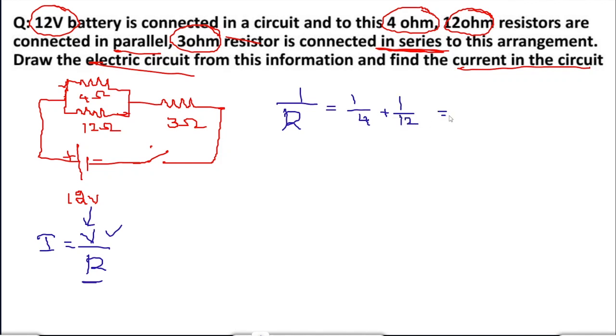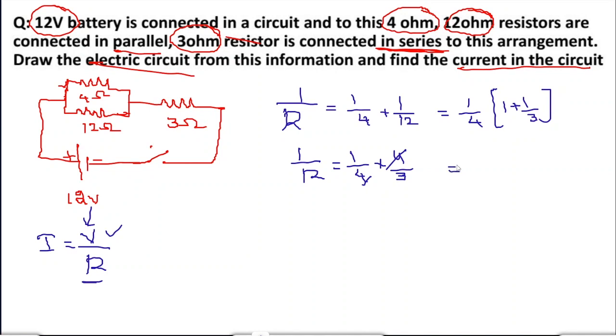If I take 1 by 4 common, then in the bracket we get 1 plus 1 by 3, right? So 1 by R is equal to 1 by 4 into 4 by 3. So the 3 gets cancelled, and the resistance in parallel is nothing but 3 ohms. That means the resultant resistance of this combination is 3 ohms.